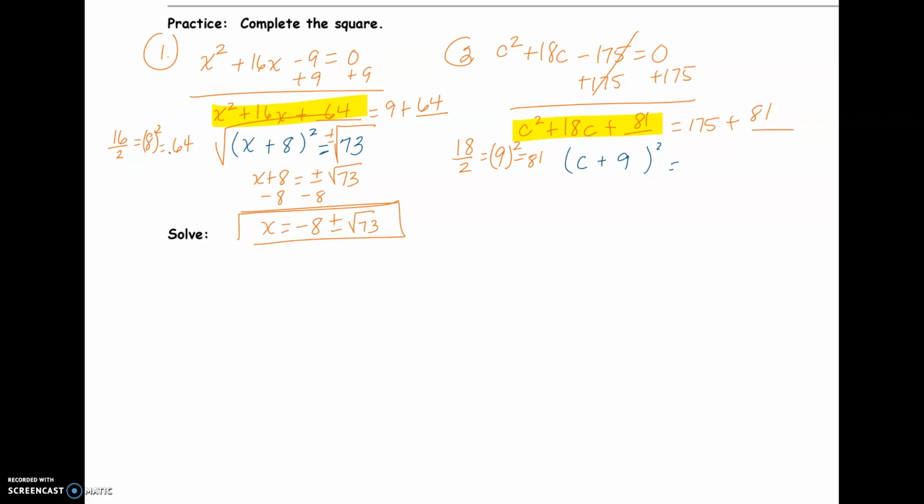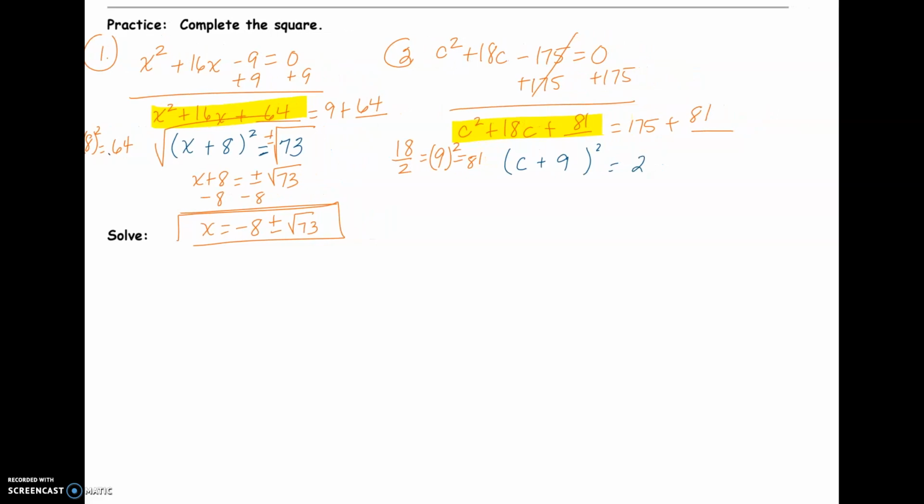175 plus 81. What is that? Well, you add those together. And what do you get? 256. We're going to take the square root of both sides. So we get c plus 9 equals the square root of 256.